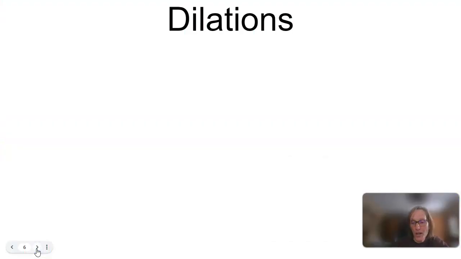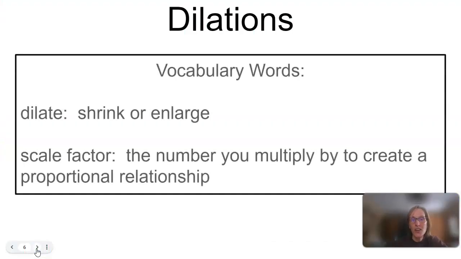And of course, we're talking about dilations here in math. And the goal here is to understand a few vocabulary words. So when it comes to pre-algebra, you need to know that dilate means to change the shape in some form. Either you're going to shrink it or enlarge it based on the numbers that are given to you.